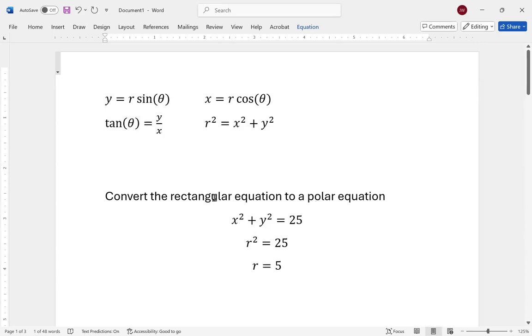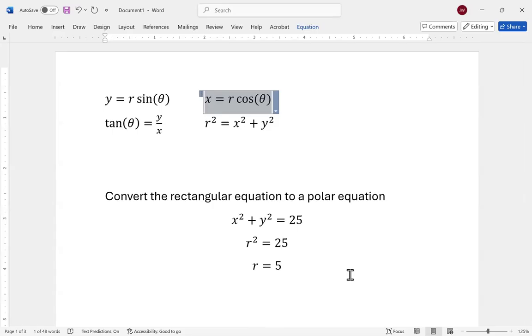Now, the nice thing about rectangular equations is that when in doubt, you can always replace every y you see with r sine theta, and every x you see with r times cosine of theta. So with rectangular equations, we can always go to polar equations in a straightforward manner.